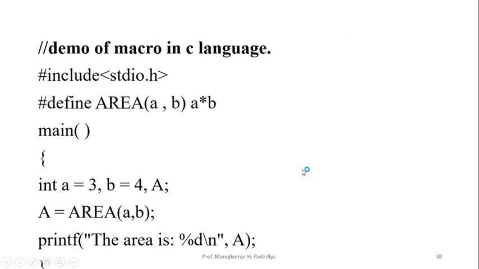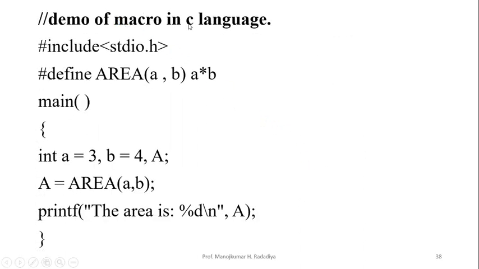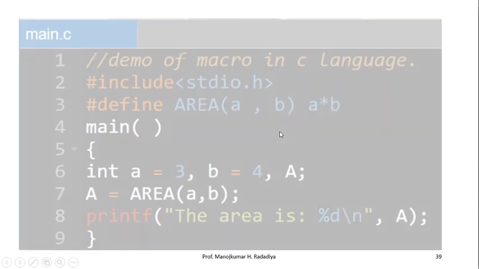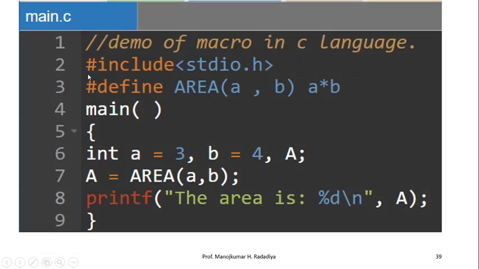We see one example, that is the demo for the macro in C language. Over here I am defining the macro. That program is done in the online C compiler, with #include <stdio.h>. Then over here I am using #define, that means I am using the macro in the preprocessors in the C language.